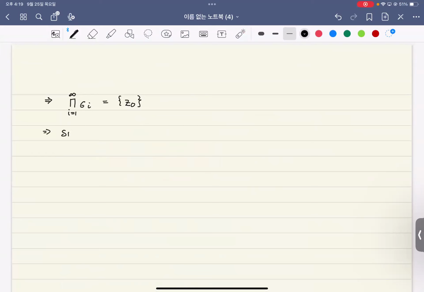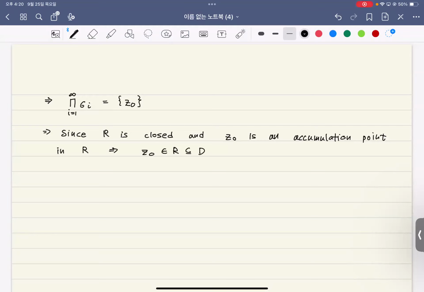Since R is closed and z0 is an accumulation point in R, z0 is contained in R, and at the same time z0 is contained in the domain D. Our assumption says that my function f is analytic on this entire domain D, so f must be complex differentiable at this point.